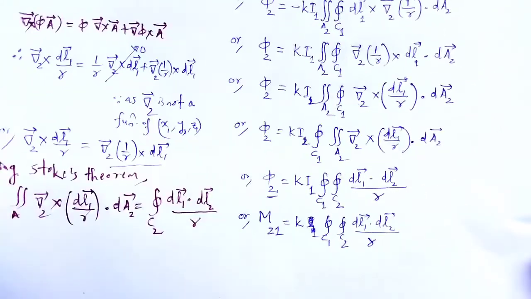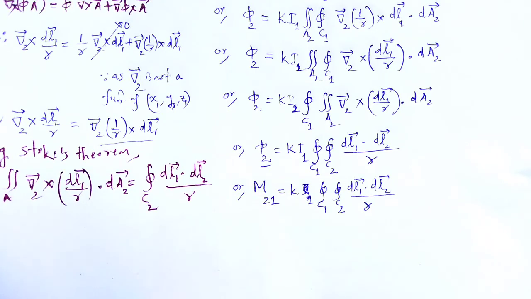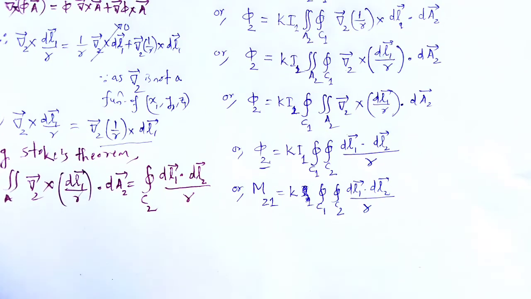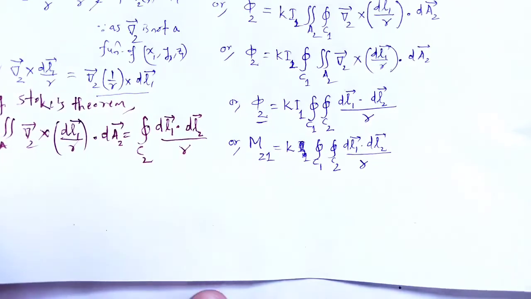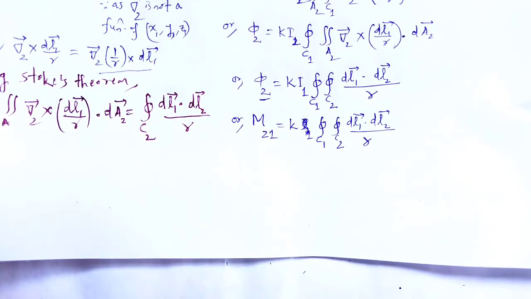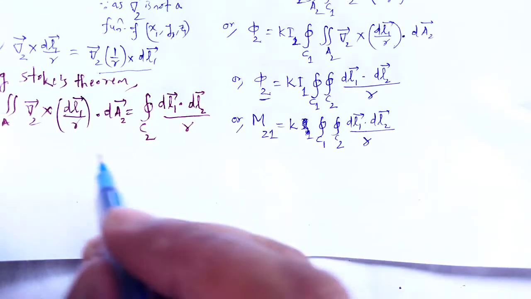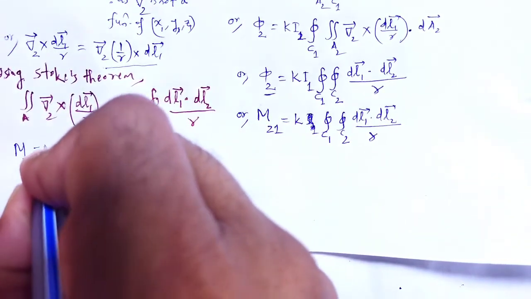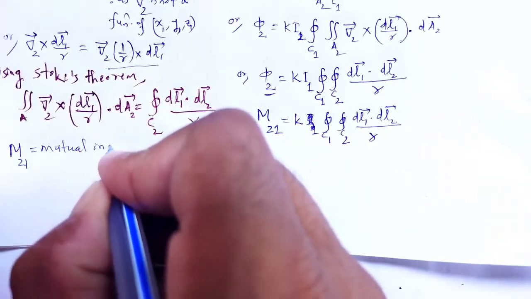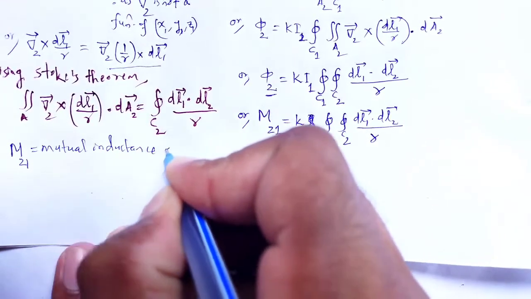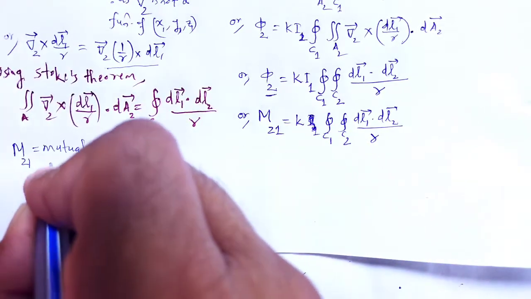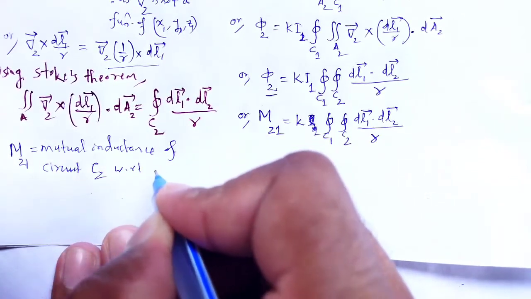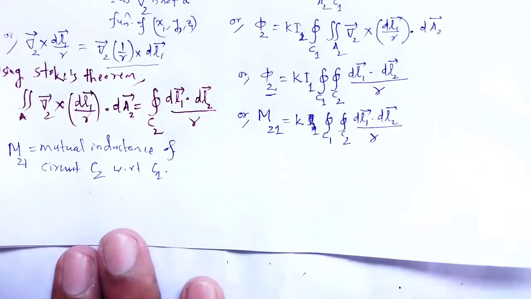M21 is the mutual inductance of circuit C2 with respect to circuit C1.